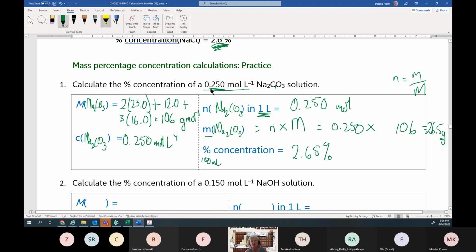And again, because that was given to three significant figures, I'm going to give my answer to three significant figures. Okay, so do you think you can do this sort of thing? So this is where we're now using C is equal to n over V, and also bringing in the first formula we learned about, n is equal to small m over big M.